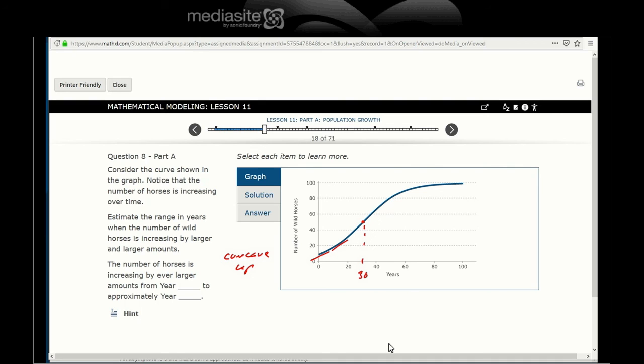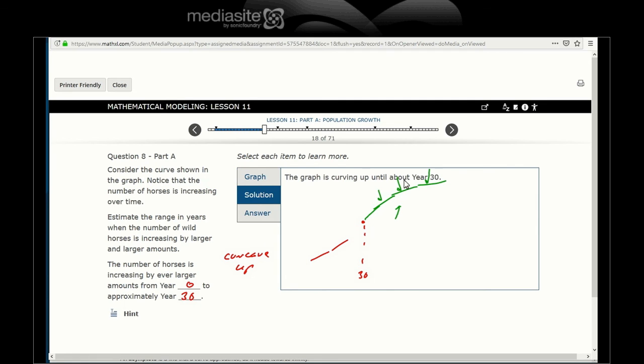It's about 30 years, so I'm going to say from year 0 to 30. After that it goes concave down, and I'm still increasing, but at a less and less rate of increase. From year 0 to year 30.